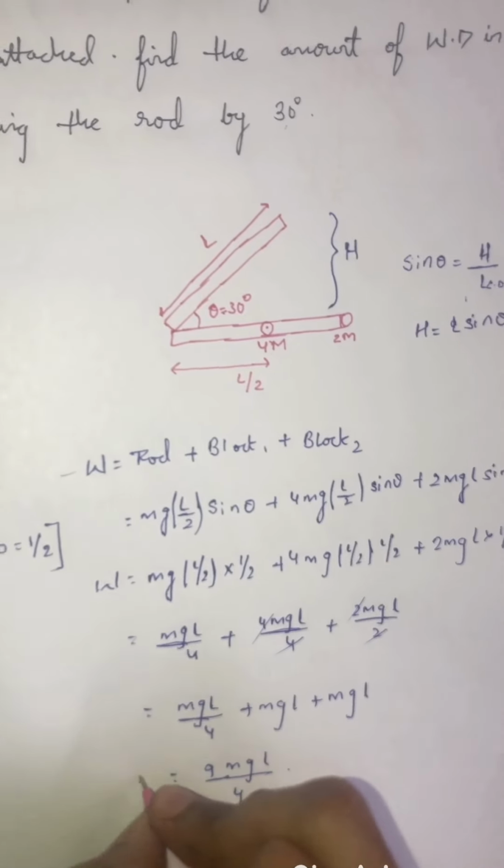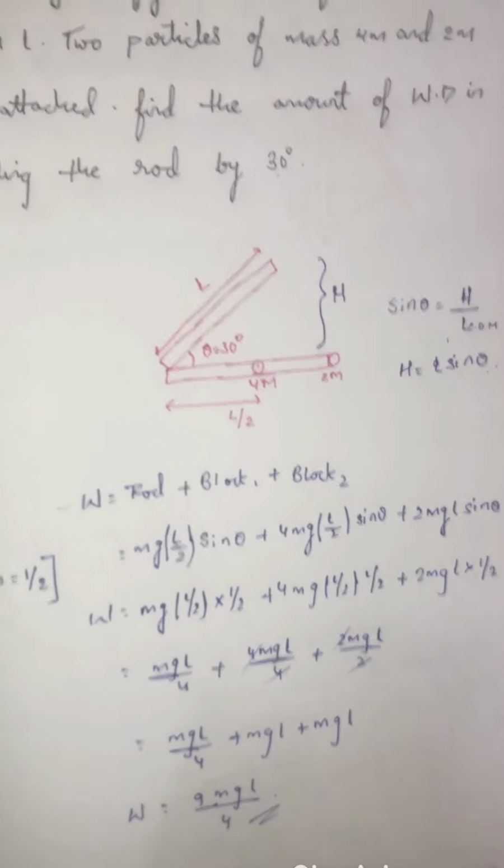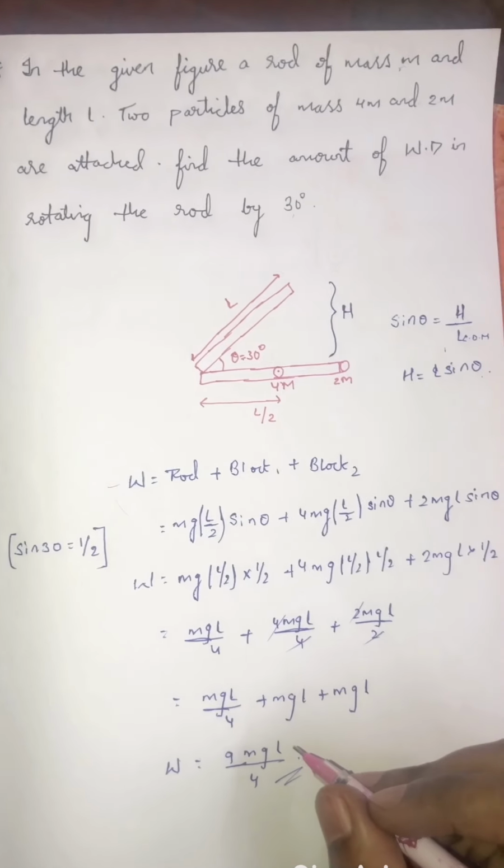So final work done is 9 mgL by 4. Hope you understood the problem. The concept is clear.